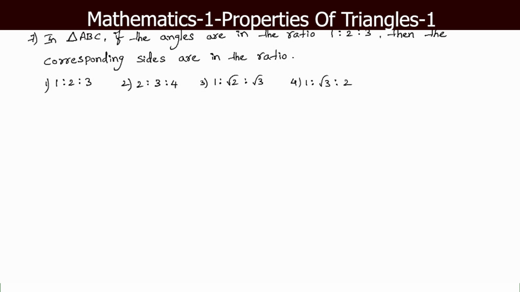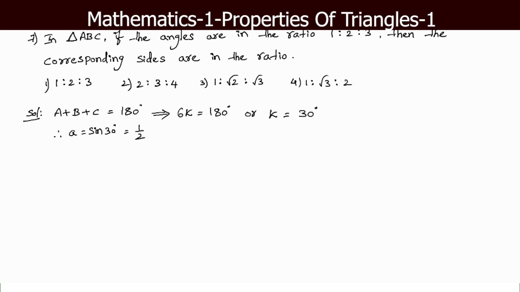So if you take the angles A equal to K, B is equal to 2K, C is equal to 3K. So therefore, A plus B plus C is equal to 180 degrees. So 6K is equal to 180, or K is equal to 30 degrees. So therefore, the angles are 30, 60 and 90. That is my right angle triangle.